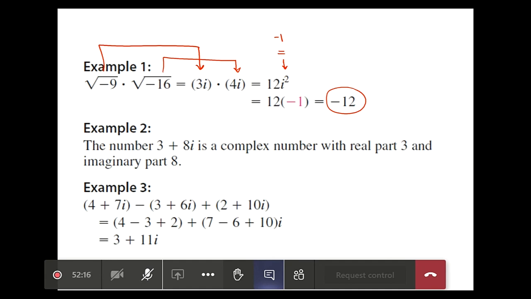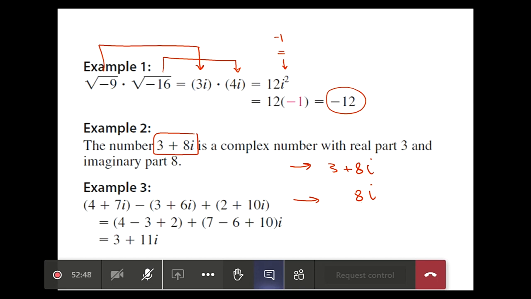The second one. The number, is this complex or not complex? This is complex. Look at this, 3 plus 8i, or for example 8i. This is a complex number. In the first one we have two parts, real and imaginary part. In the second we also have two parts, real part and imaginary part.